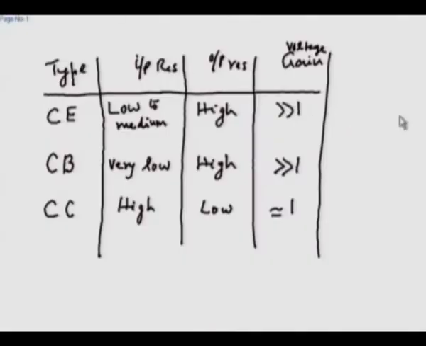So coming back to the comparison, we can add one more column: frequency response. A common emitter amplifier has, let us say, low to medium.